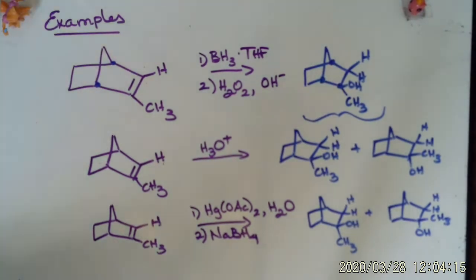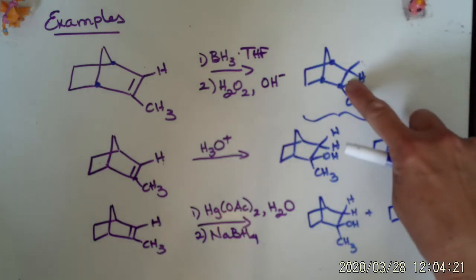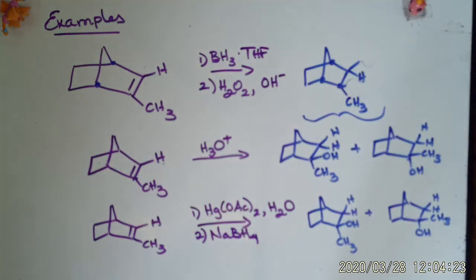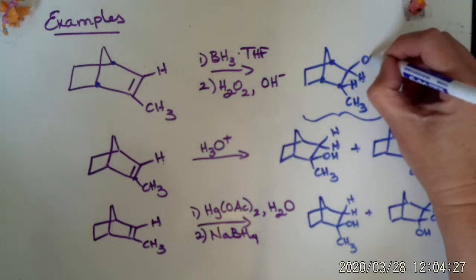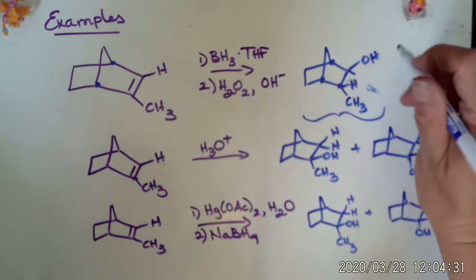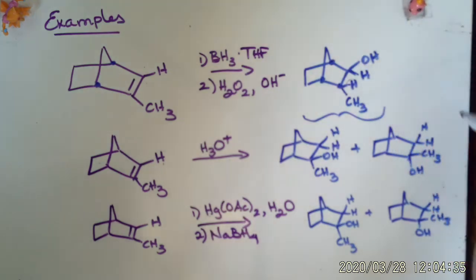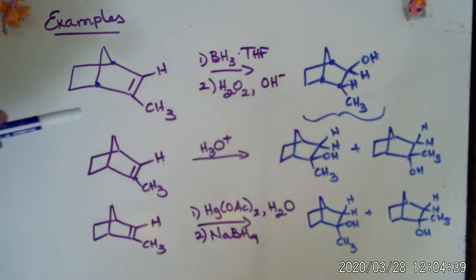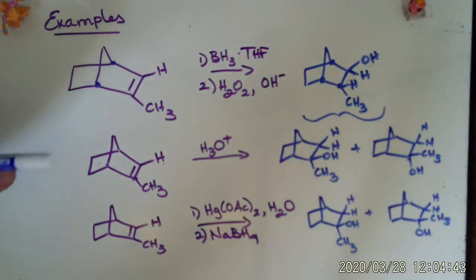Okay? And let me just double check. Yeah, the correct units. This is a hydrogen here, and that's my hydroxyl there. Right? My hydrogen goes on. Basically, my electrophile went here, hydrogen and nucleophile went there, and that got displaced.